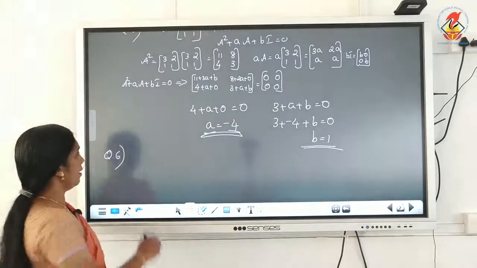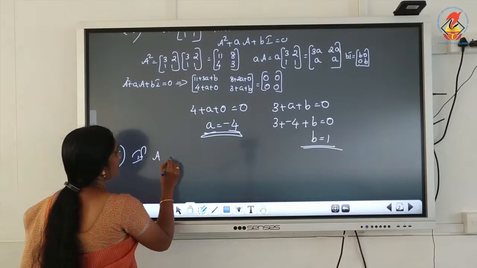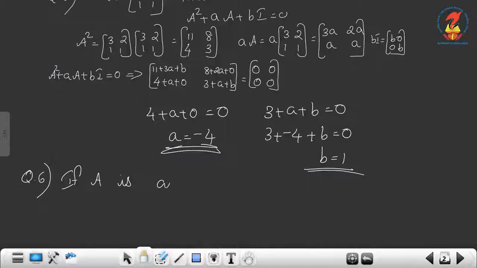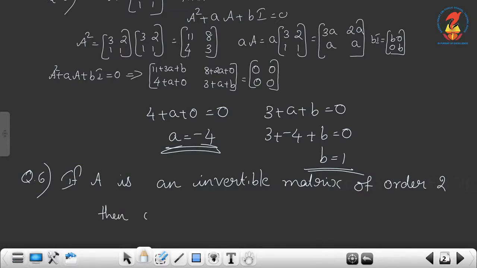If A is an invertible matrix of order 2, then what is determinant A inverse? What is the value of that?